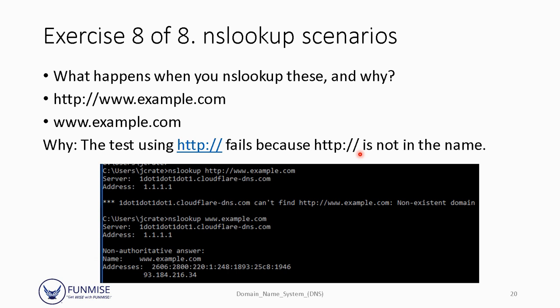That's what that actually means. So that's actually not the name of the resource. And as we stated before, DNS was about resource names. And this is the name of the resource. And for that reason, it could find this resource here, www.example.com. This example is included because sometimes this is a mistake that can be made, that people attempt to look up the URL and not the resource name.